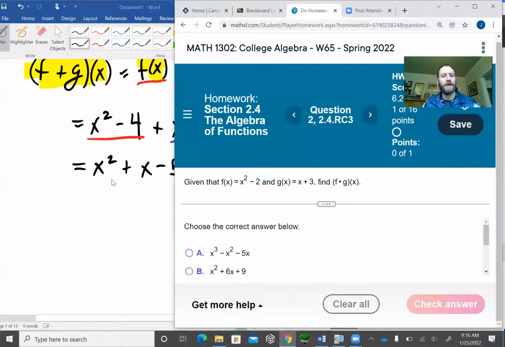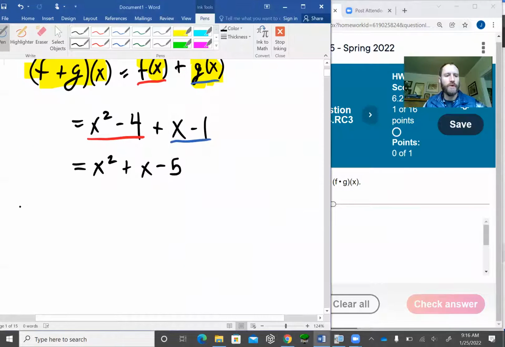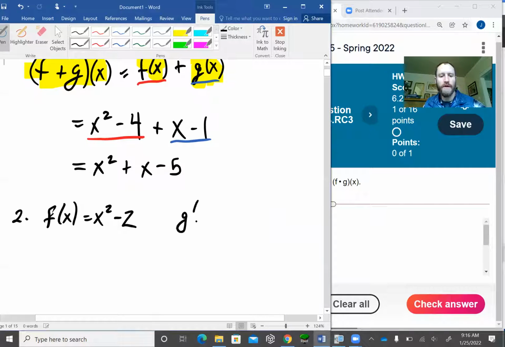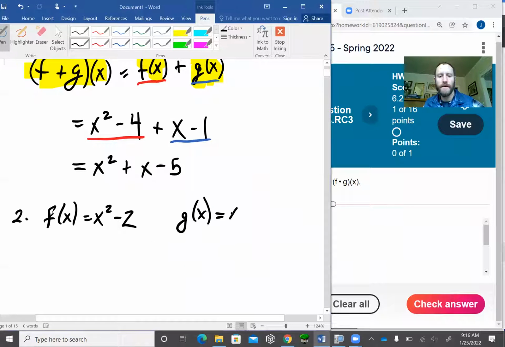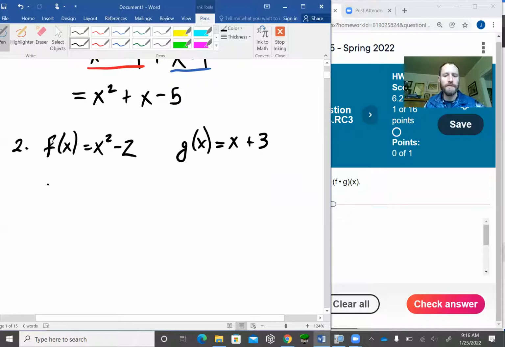Okay, function product here. So this time we have f of x is x squared minus 2, and we have g of x, x plus 3. And now this would be called the product. We're multiplying them together. So it's f times g of x.